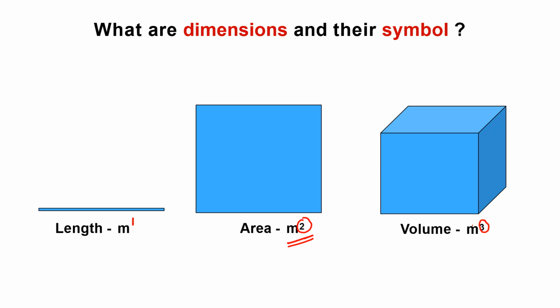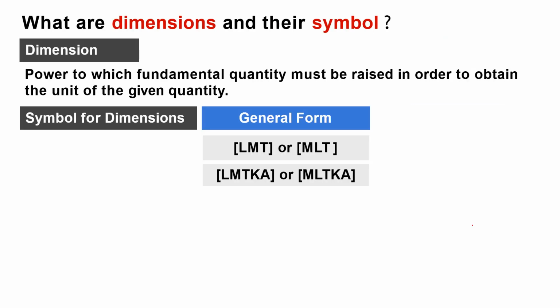Now we are going to understand what exactly the dimension is, what the dimensions of the fundamental physical quantities are, and what the dimensions of derived physical quantities are. These are the basic things. So the first chapter is completing all of the basics needed for the total class 11 syllabus. Now, what is actually the dimension?